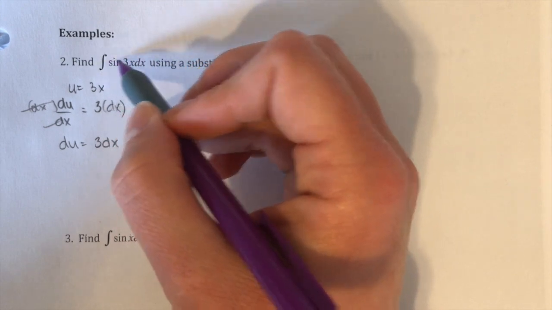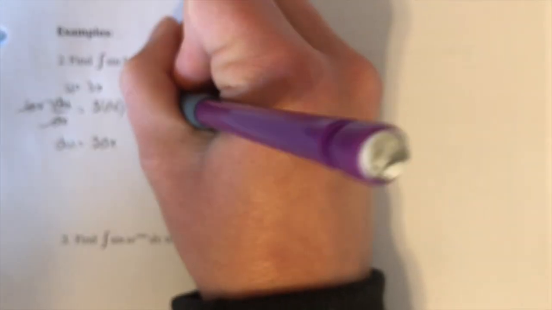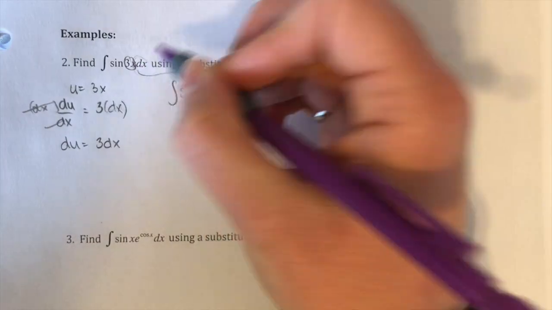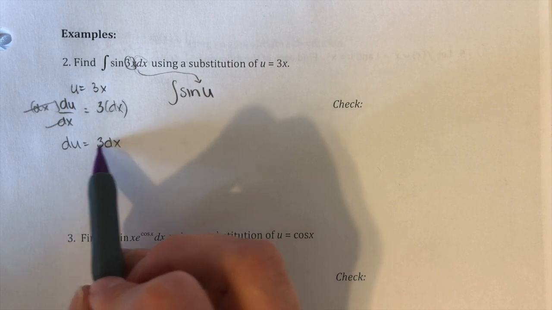So, what we need to do here is we're doing sine of 3x. Okay, so this is going to be the integral of sine u, because that 3x, we're going to substitute in that u. And then we need to just put dx here. But the problem is that we don't have dx by itself.